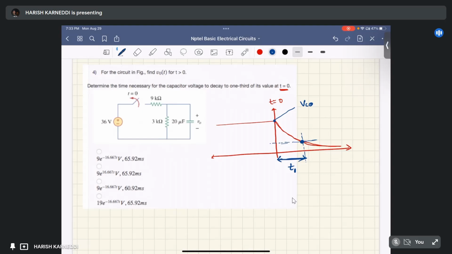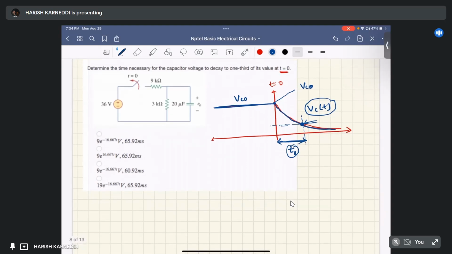For that, we have to find this initial voltage, that is Vc0, and the response Vc of t. By equating Vc of t to this point, we can obtain the value of t1. Okay, we can solve this.